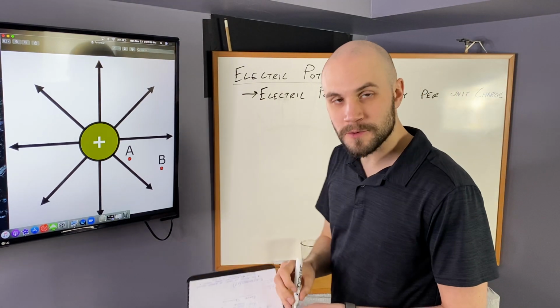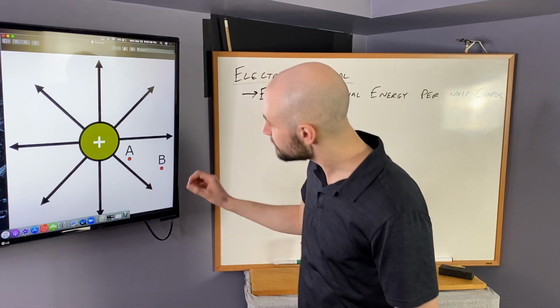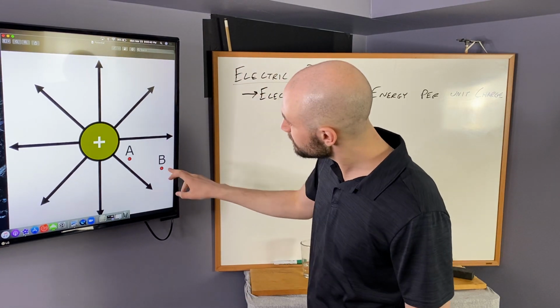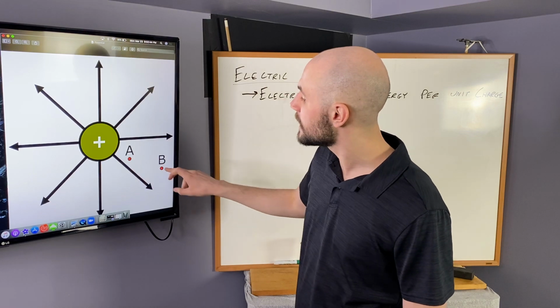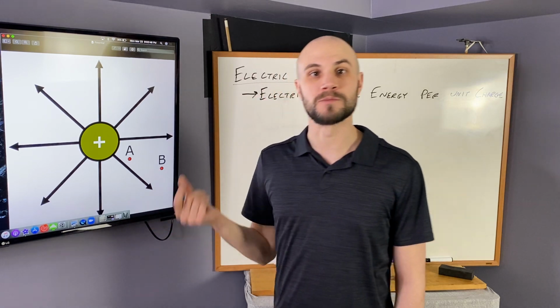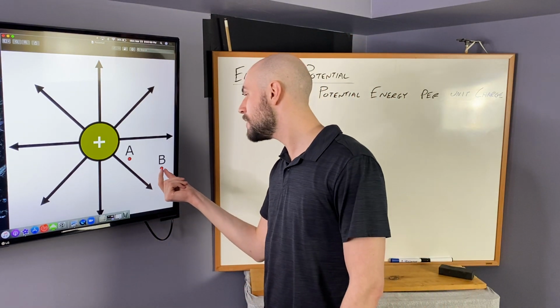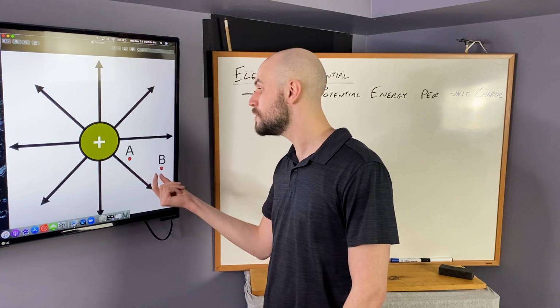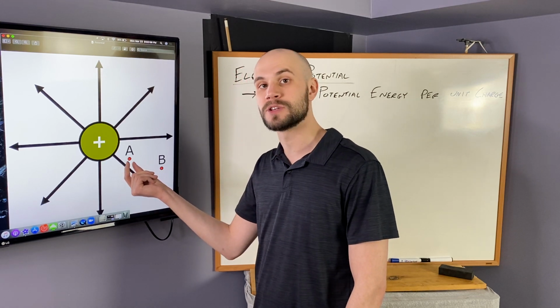But like we talked about with the gravitational field, how there's a difference between the two locations in the gravitational field, there's a difference between these two locations here, A and B. Regardless of what charge I move, whether it's a 1 coulomb charge or 2 coulomb charge, we know that there is some difference in those locations. Depending on what charge we move, it'll gain a different amount of potential energy.